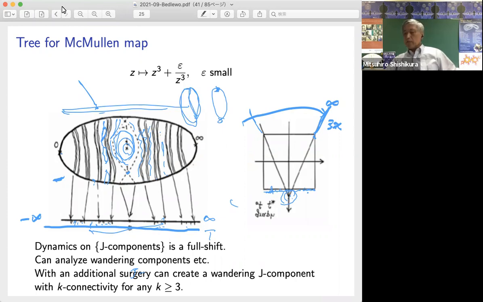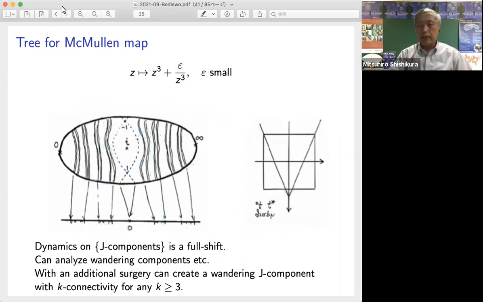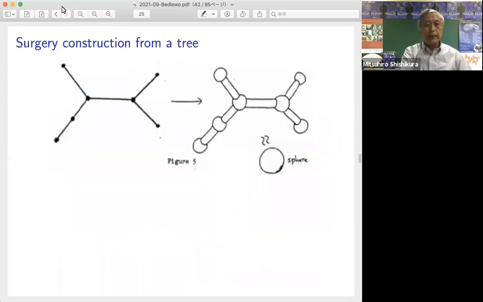So you can realize any connectivity for the wandering Julia component starting from this picture and doing additional surgery. So this is a way you can understand and also create some more interesting dynamics.